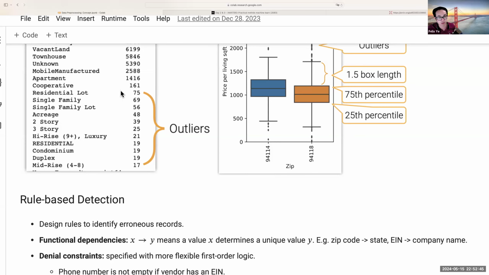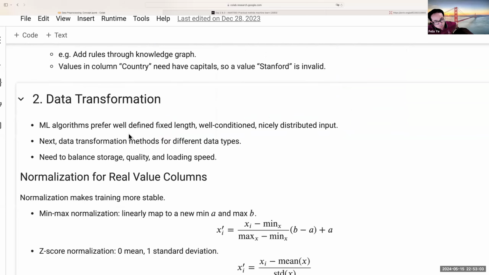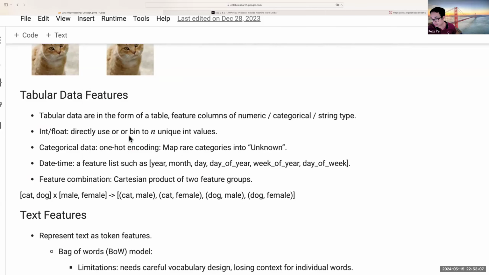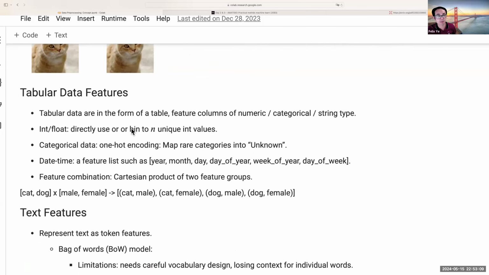What we can do is group all these values into one gigantic category called unknown. That means I don't want to further classify these values that only have 10 or 20 samples. It's very few. So we can just group them as unknown, which may turn out to be a better way of doing it.